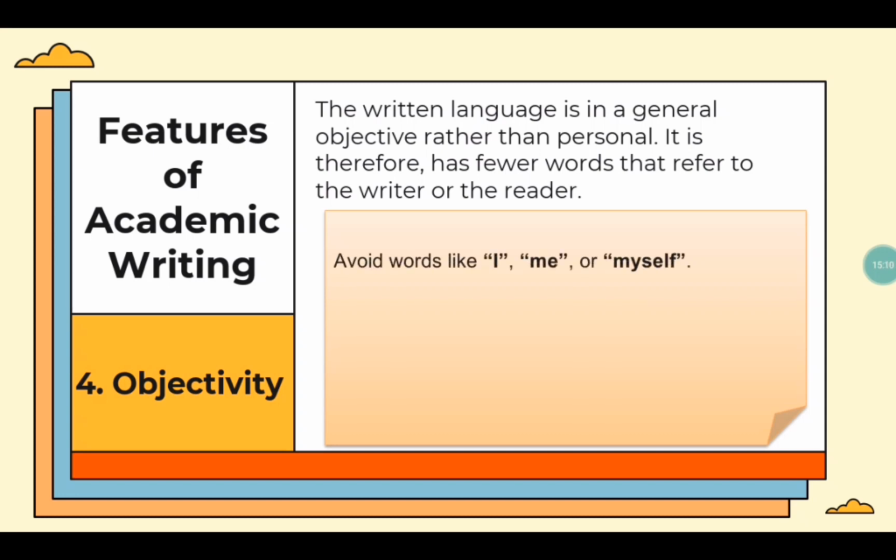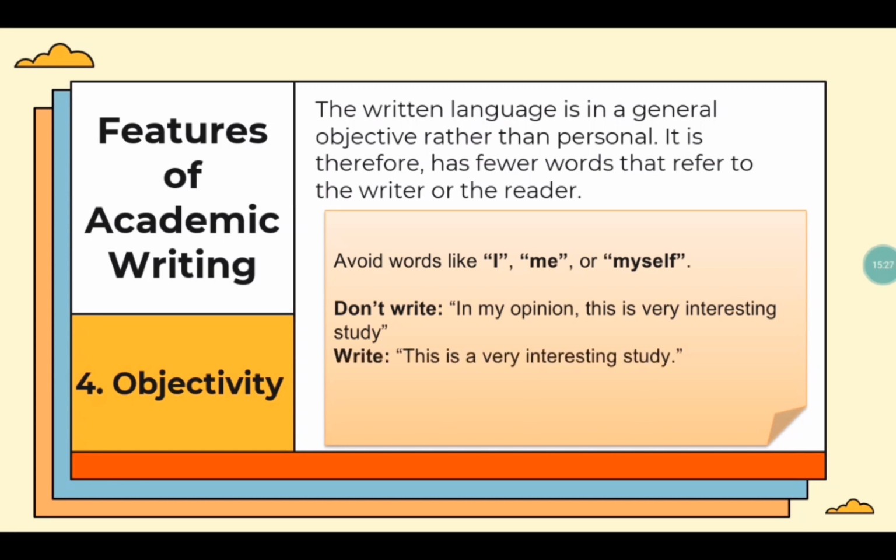In general, avoid words like I, me, myself. So don't write this in your academic writing. Instead of "In my opinion, this is a very interesting study," write, "This is a very interesting study."